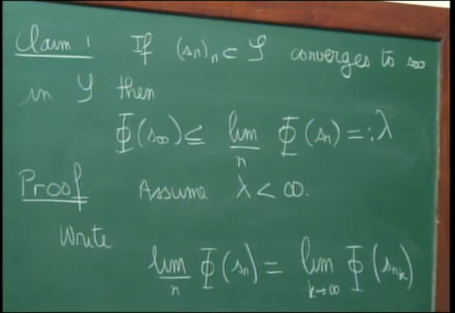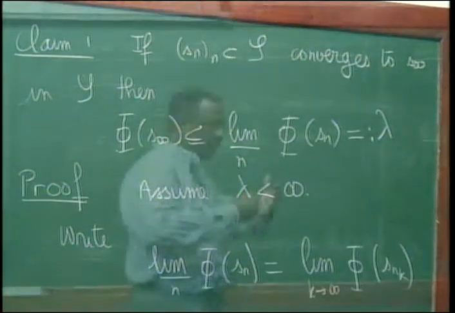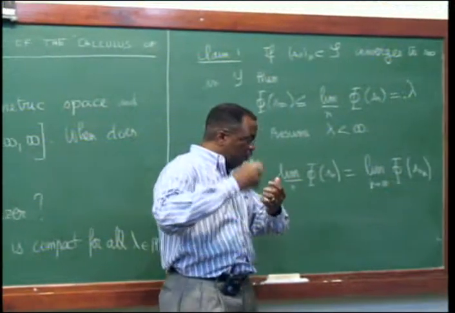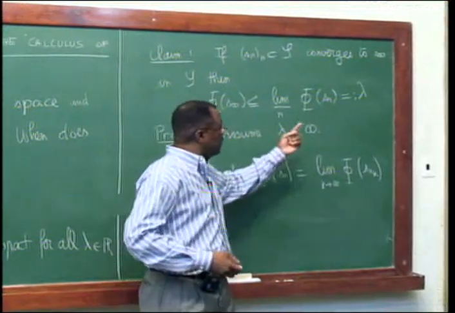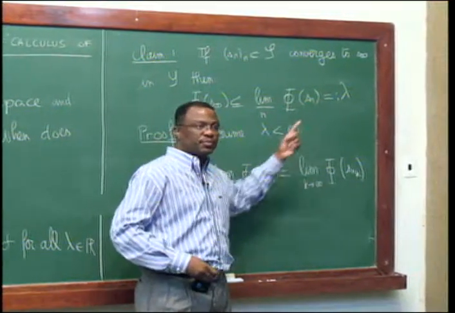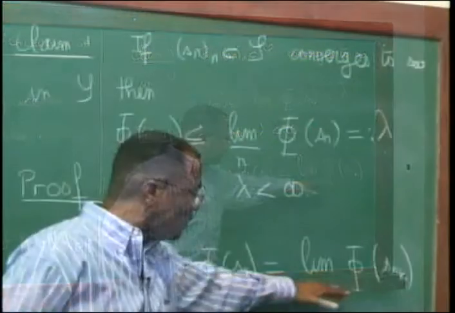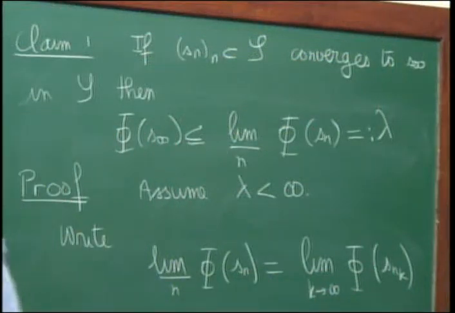So what the liminf does is, you have a sequence, and it selects the number in the sequence which gives you the smallest value. And so this identity is always true for a subsequence.